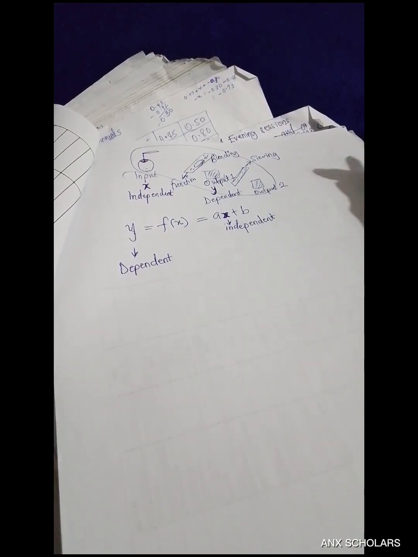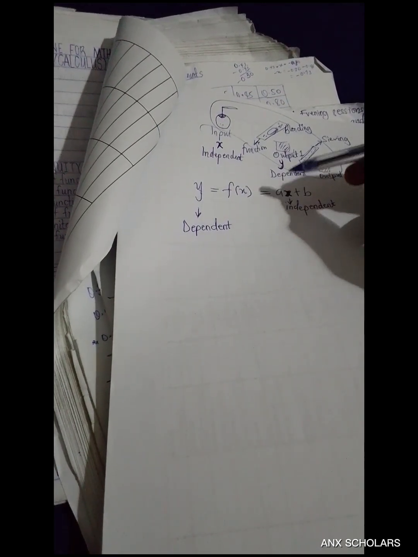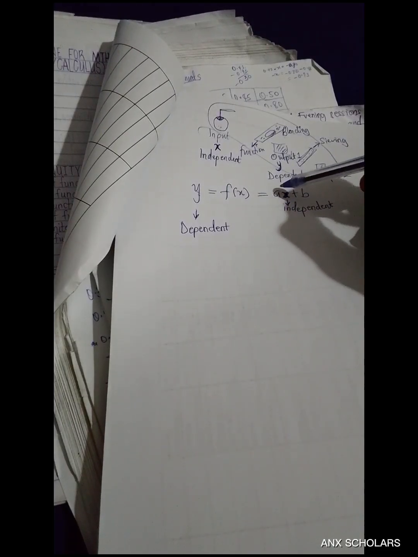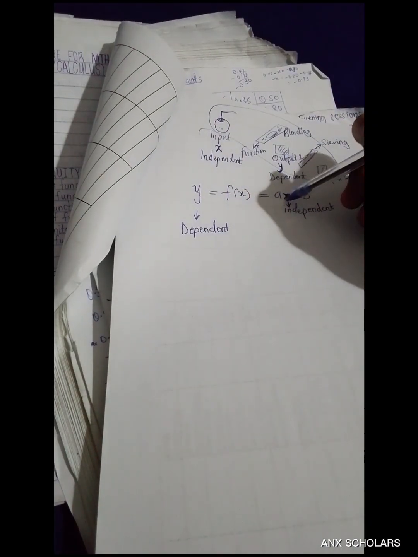So going further, we've looked at the definition of functions. We've tried to express what a function looks like. Most times it may not look like this. This is trying to show that there is a relationship between y and x.